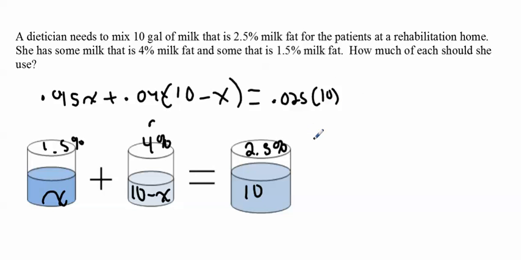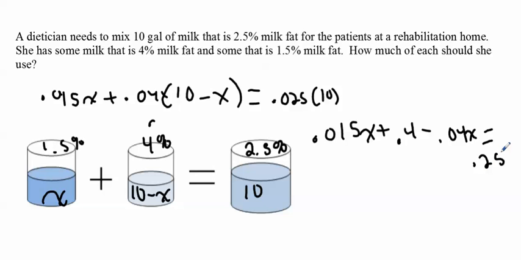You get something like 0.015x plus 0.4 minus 0.04x, and that's going to be equal to, I believe, 0.25. So you could probably go ahead and finish the rest of that out. You know, the hard part is done for you.